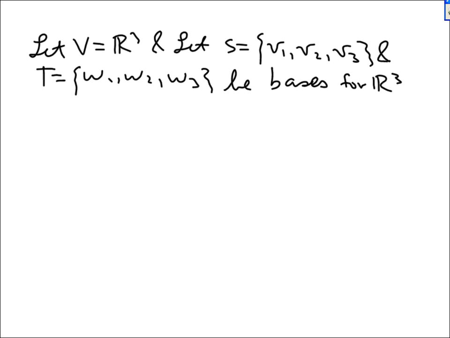So set S and set T are bases for R3. Where V1 is 2, 0, 1. Again, you can write these vectors horizontally or vertically. You can write them on this side, but I would stay away from that.